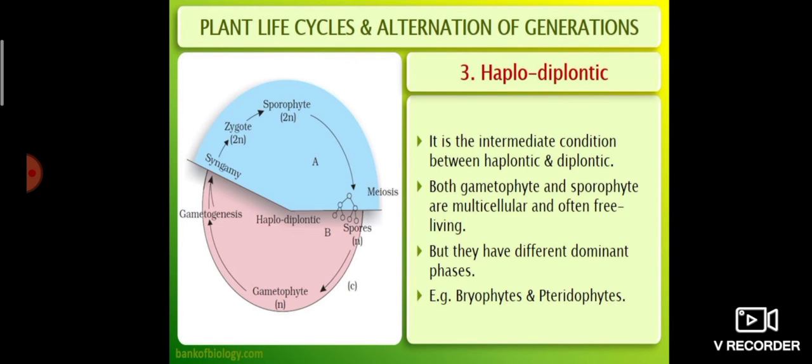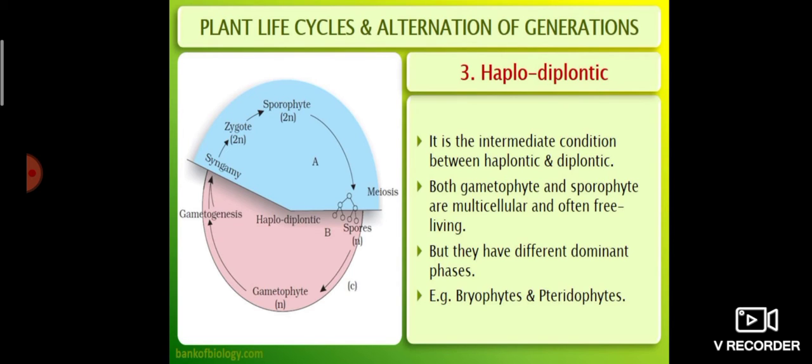Then come to haplodiplontic. It is the intermediate condition between haplontic and diplontic. Both the sporophytic generation as well as the gametophytic generation have equal importance in the life cycle.